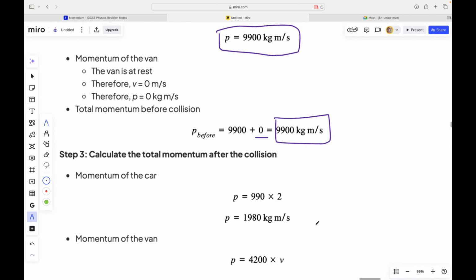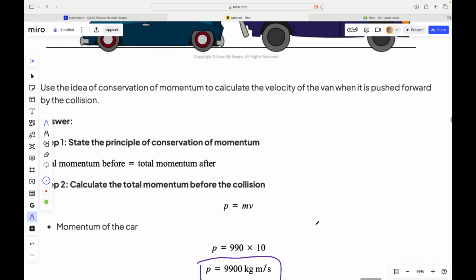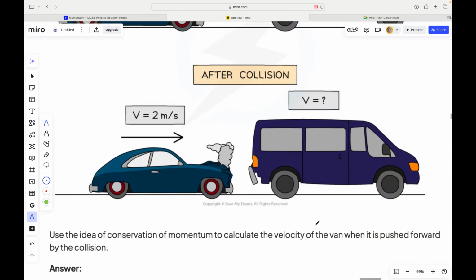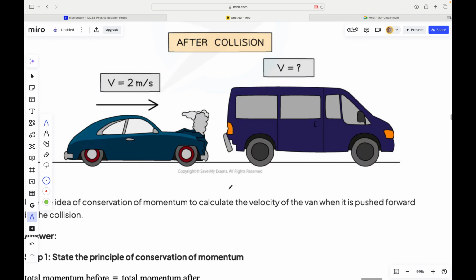Now let's calculate the momentum after collision. We look at the car. We know the mass of the car and the mass of the van, and we just put V in it. We are going to find the V, that's what they want us to calculate. The momentum of the car after collision will be 990 multiplied by 2, because the speed is 2 after collision.